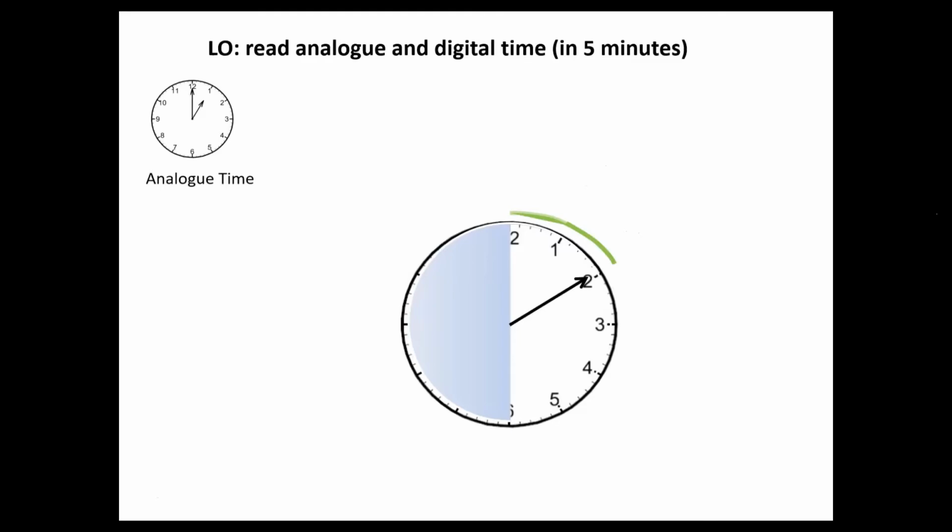Very good, 10 minutes. How 10 minutes? 5 plus 5 is equal to 10. Or you can say 5 2s are 10, right? If we read the table of 5, that means 5 2s are 10. And it will be easier for us to read the time if we know the table of 5. So 10 minutes passed.